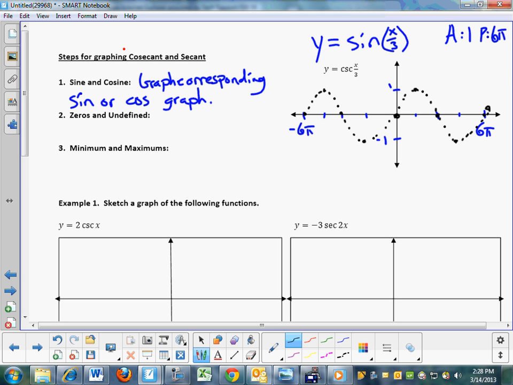So now that I have that, I've done what I'm supposed to do. My second step will be to draw vertical asymptotes. We'll use the zeros, because that's where it's undefined.